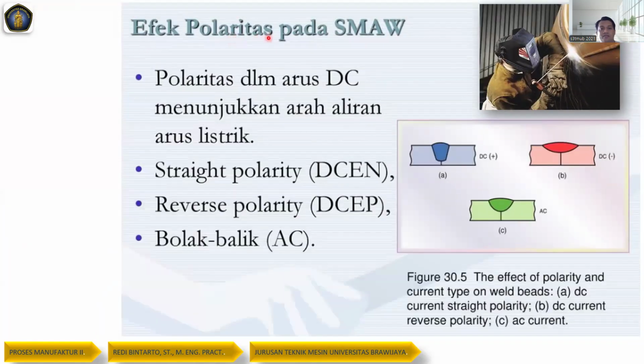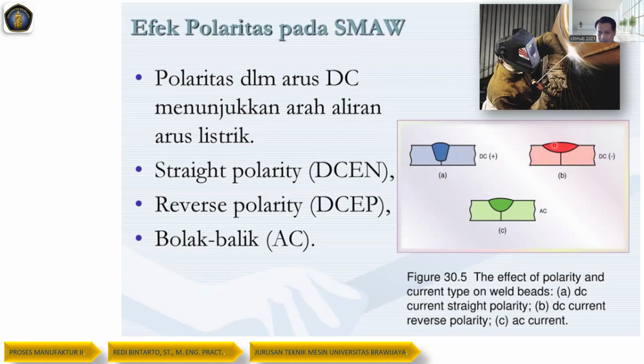So the polarity effect of SMAW: DC and AC polarity are different. This is the product of the electricity. A is DC or straight polarity, so the welded metal would be deep.